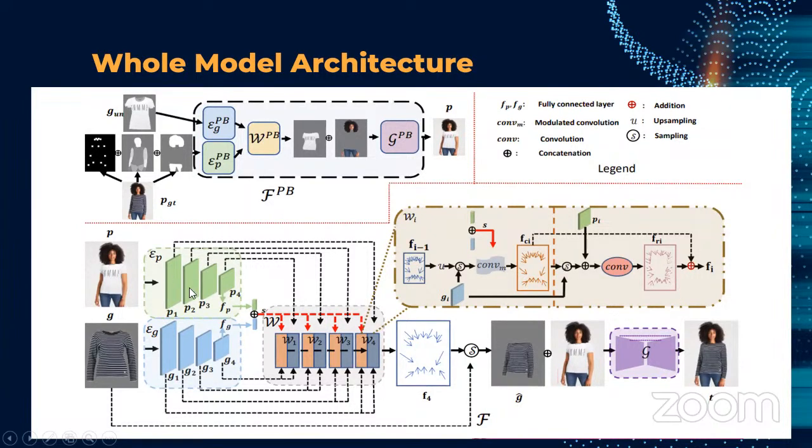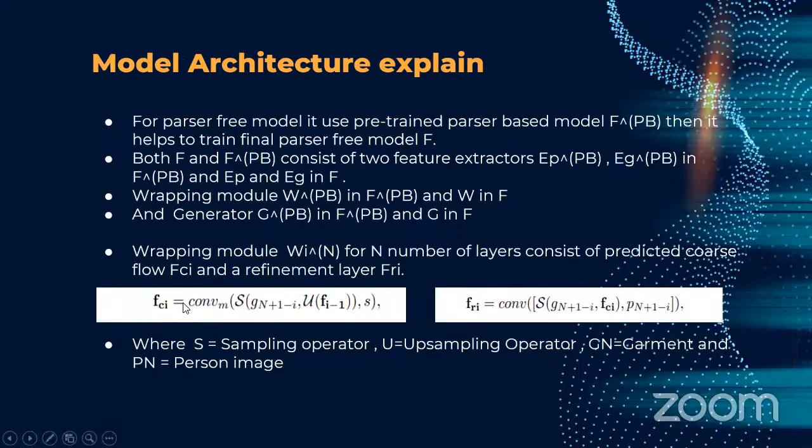So here is the final equation for F_CI and F_RI. F_CI uses the convolutional method, where S is a sampling operator and U is an upsampling operator, G_N is the garment image, and P_N is the person image, in F_RI.